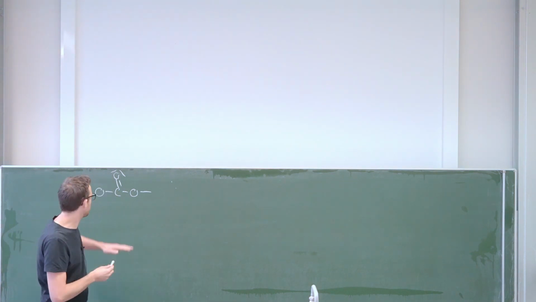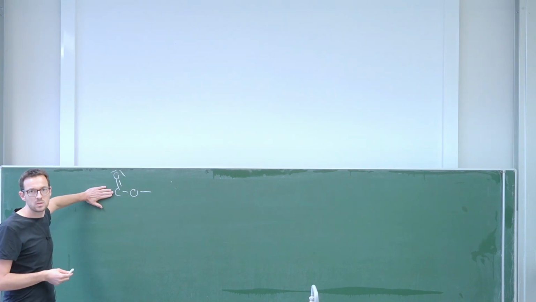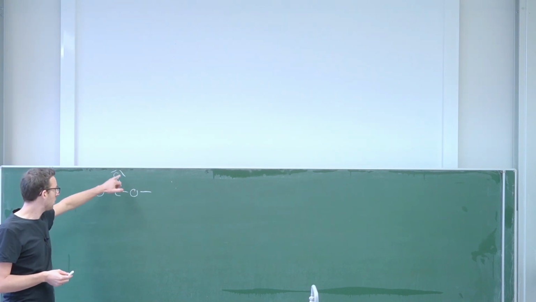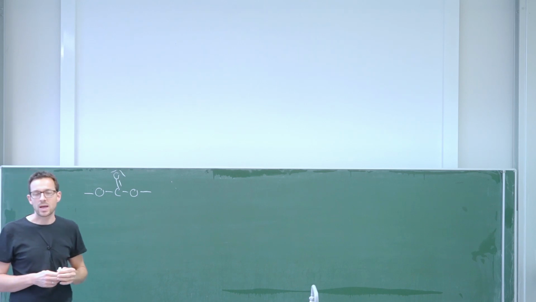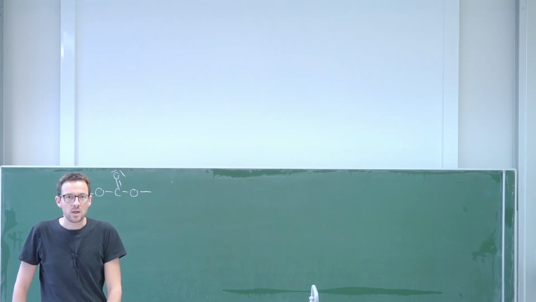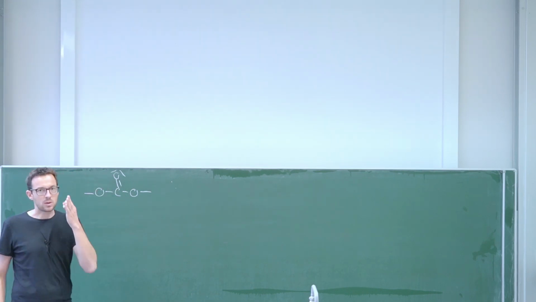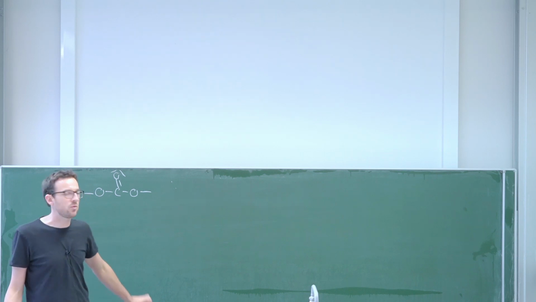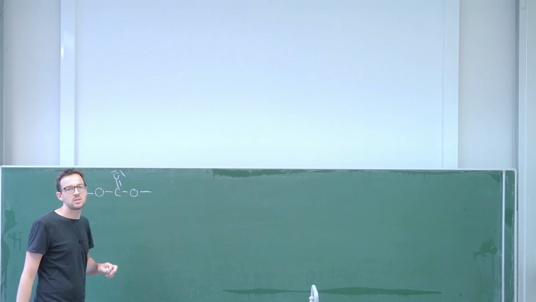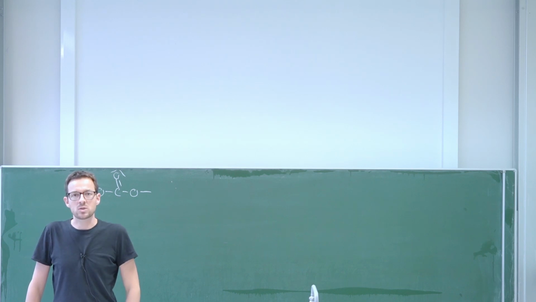We've already seen how we can make this one. Now this is our ester unit. So clearly the reaction of an alcohol with a carboxylic acid or a carboxylic acid chloride creates an ester. And now you need to do the same thing twice. Now it's up to you to tell me what kind of carbon substance or acid substance I need to use in order to reach this, if you want, double esterification.